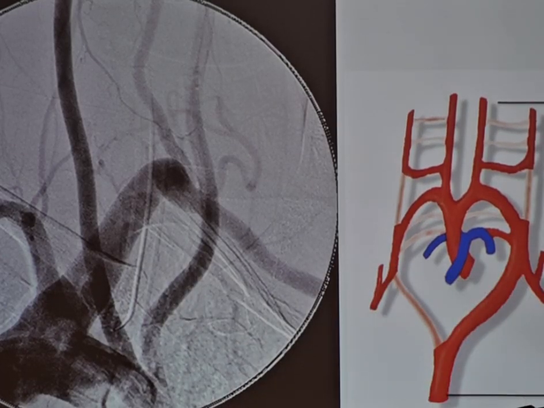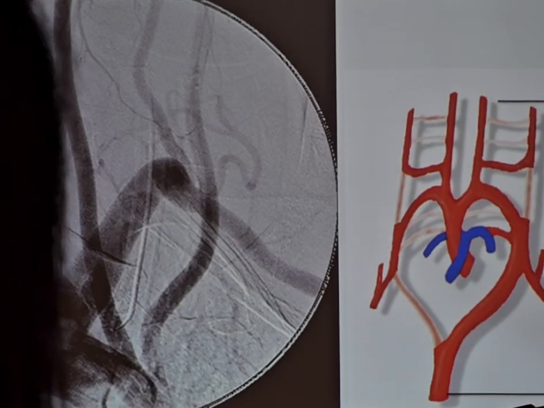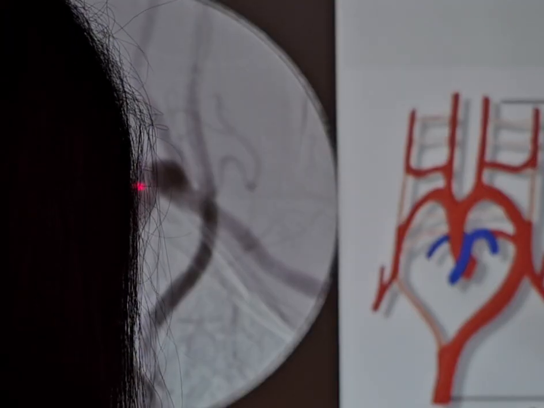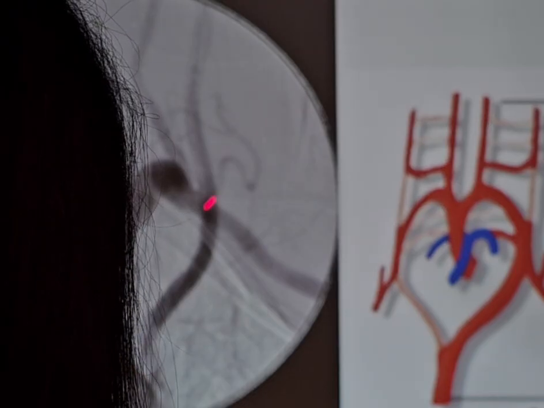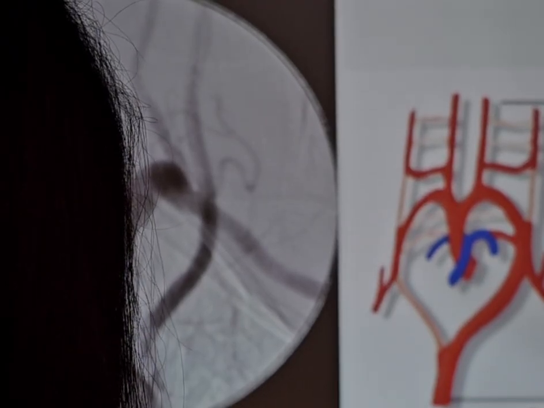You're familiar with this drawing that Insuk showed you this morning. I'm going to use it to work out what's going on here. So we've got right subclavian, left subclavian, right carotid, left carotid. That's not the normal order. What is this?